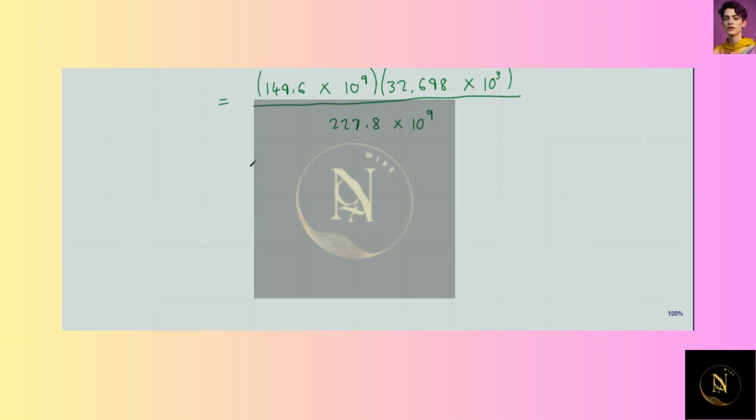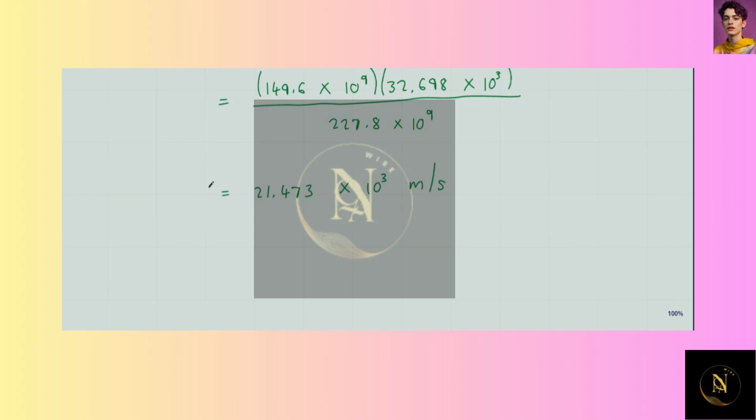These again are all in SI units. So we get VB to be 21.473 times 10 to the 3 meters per second.